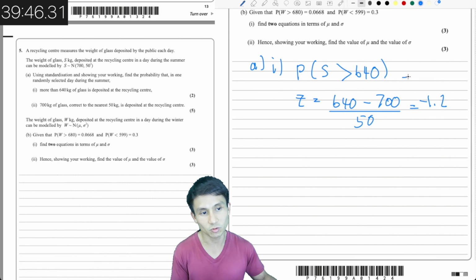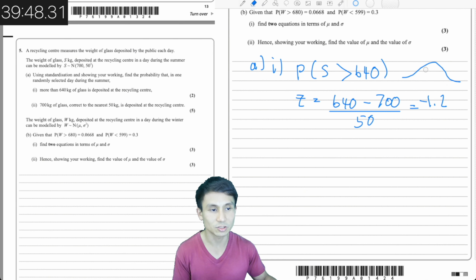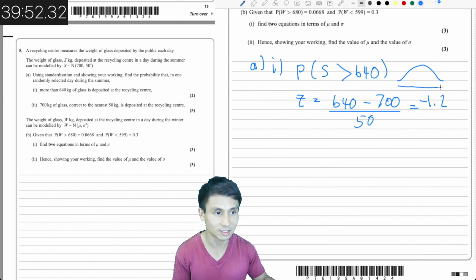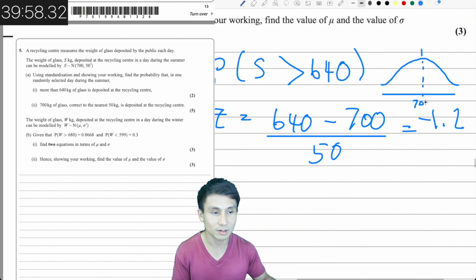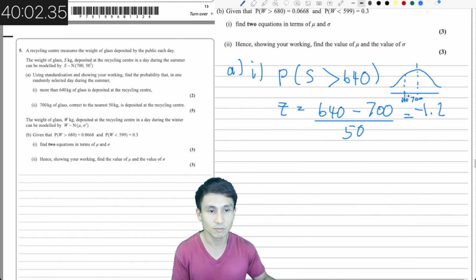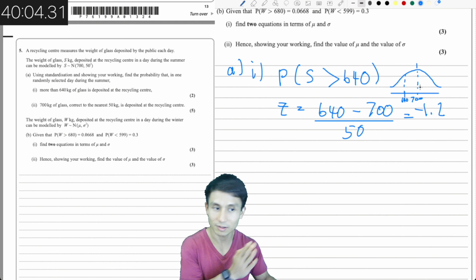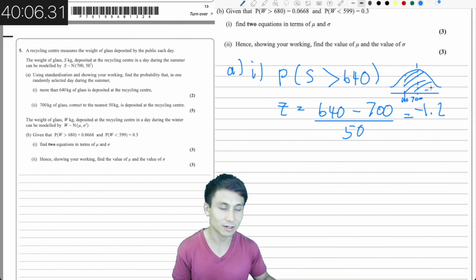So if you look at the bell curve, I normally suggest students not memorize any formula, but just visualize the bell curve rather than memorizing anything. So the mean is 700, right? But your value is here. But you want greater than this, which is to the right of that.